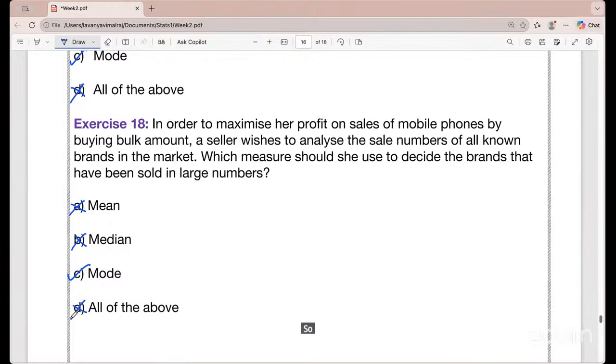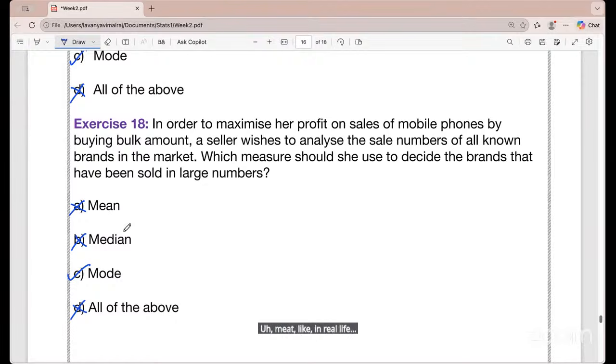In which kind of scenario do you think median is going to be applicable? The data is ordered, to find which has given the most profit. The data should be ordinal in that case. I'm asking about some real life scenario. To find the mobile model which has made the maximum profit.